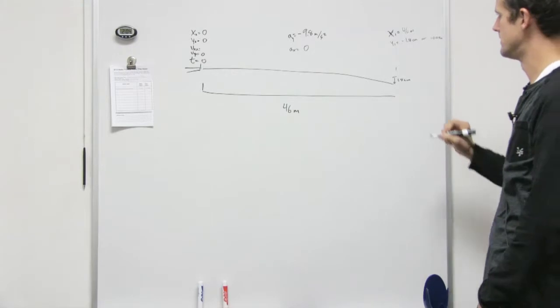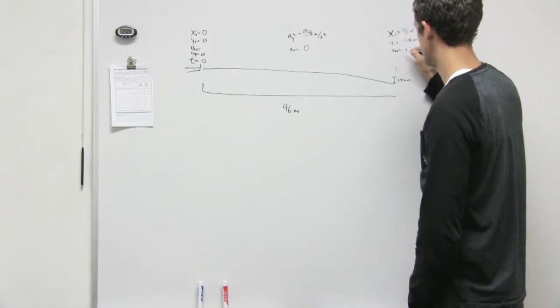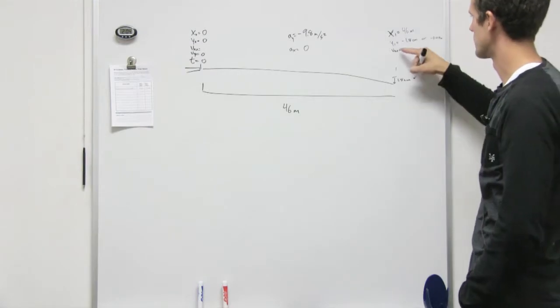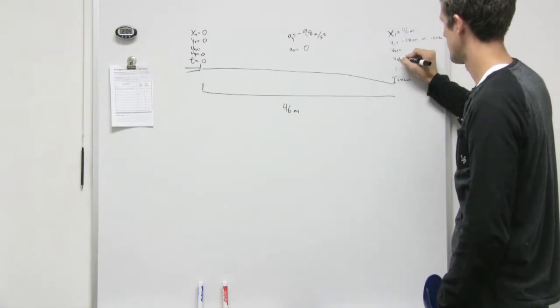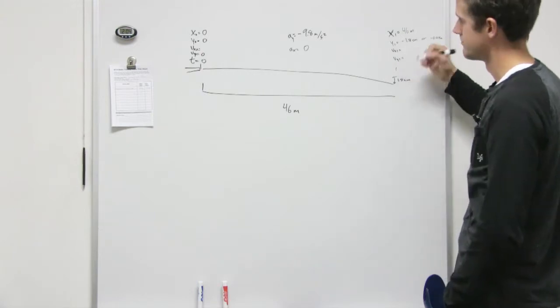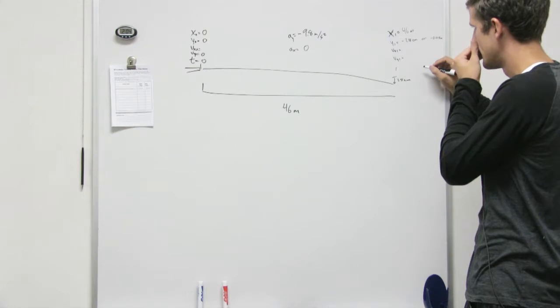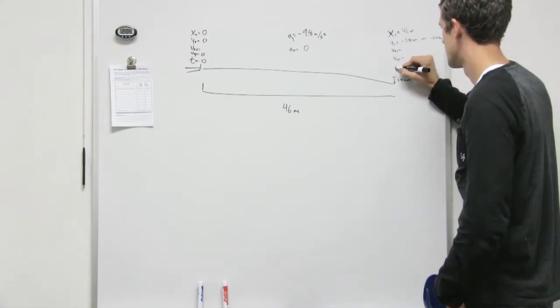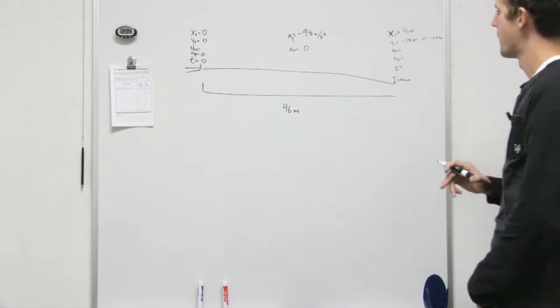Okay. Velocity of X final, we don't know. Velocity of Y final, still don't know. And then the time is what we're looking for, right? Right.